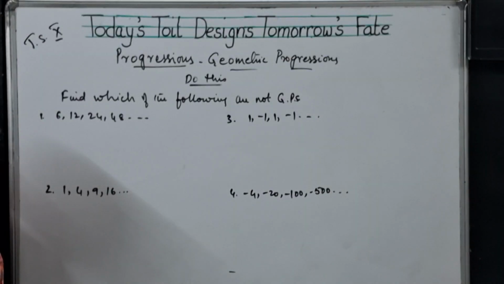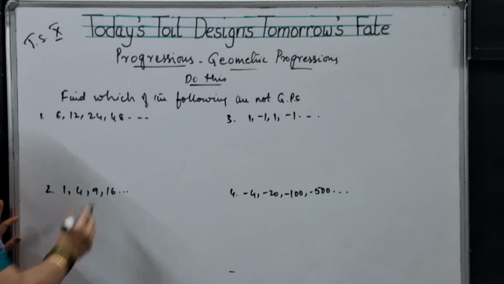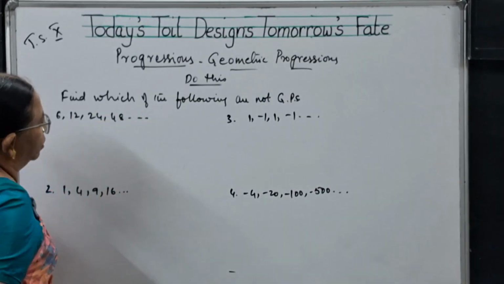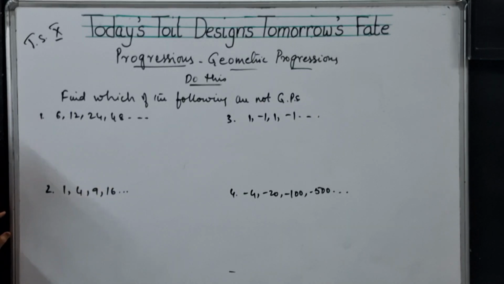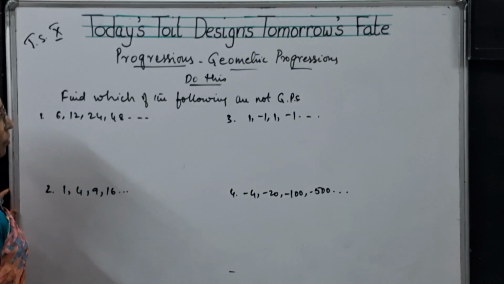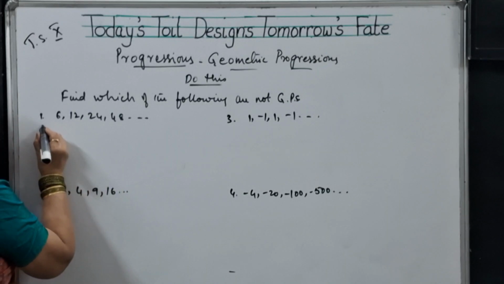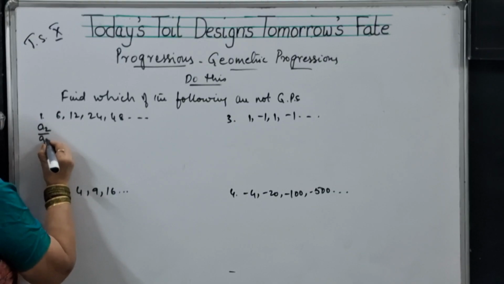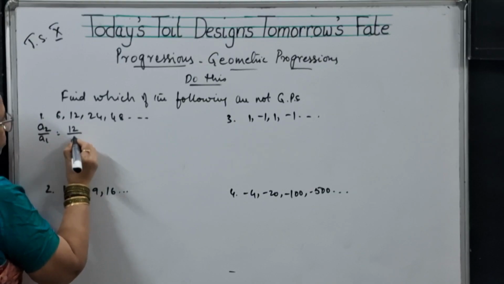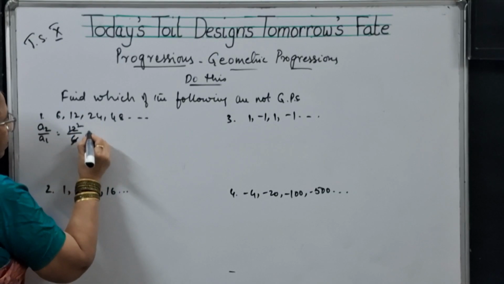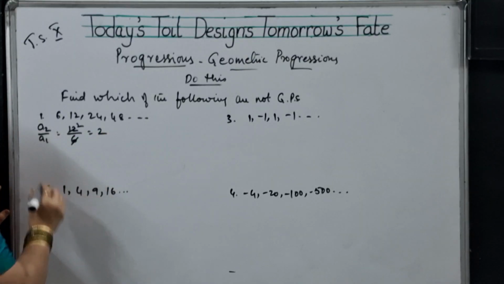Now do these sums, children. Find which of the following are not GPs. Are they GP or not? We have to find out. So the property is A2 by A1, that is 12 by 6, which is 2.